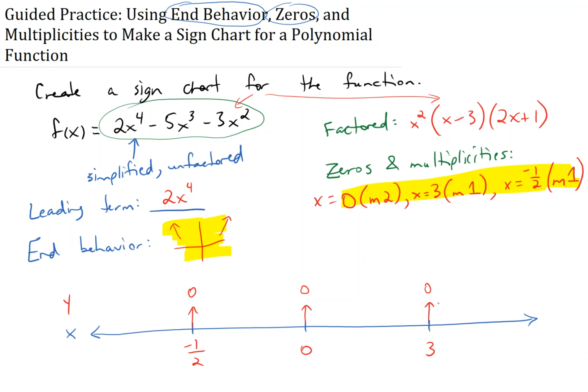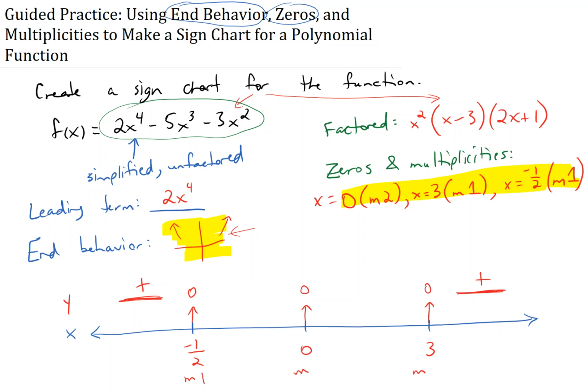Now what I want you to do is use your end behavior to go in and describe the y values on the ends of your number line chart. So pause the video and write those in, and then come back and see if you get those right. You should have a plus and a plus on the ends of your graph for those y values. The next thing I want you to do is use the multiplicities of the three zeros.